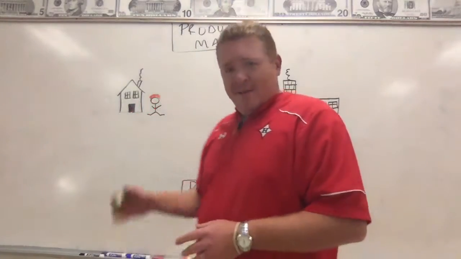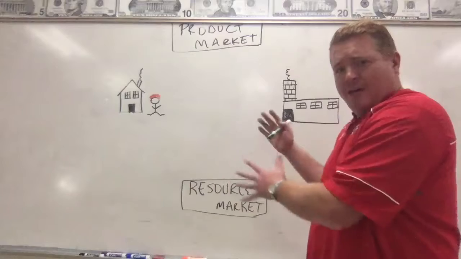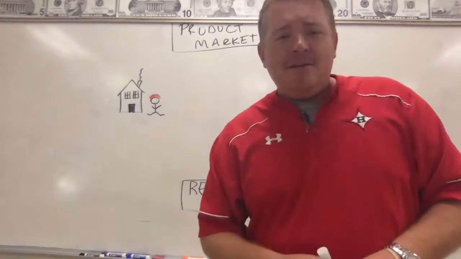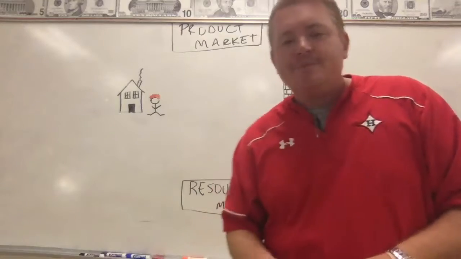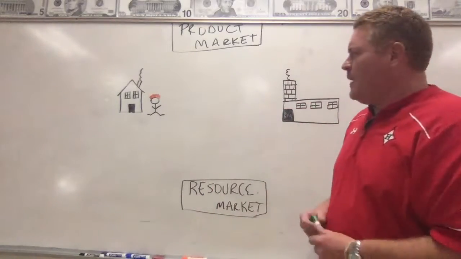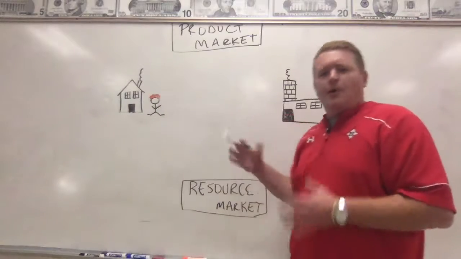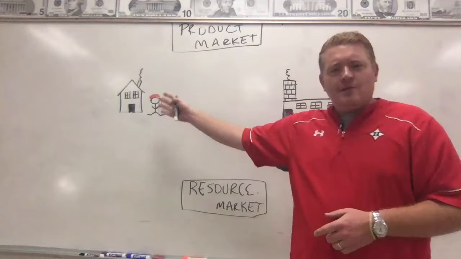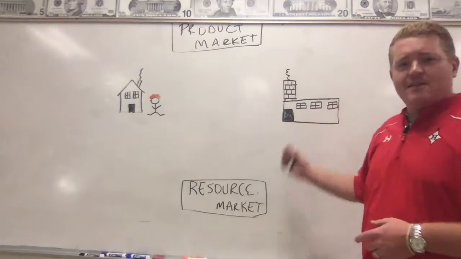And yes, I have drawn a slight version of the circular flow model, and we're going to get to that right now. The basic concept you need to understand about this circular flow model is that you have two different parts: the households, the individuals, and the businesses.